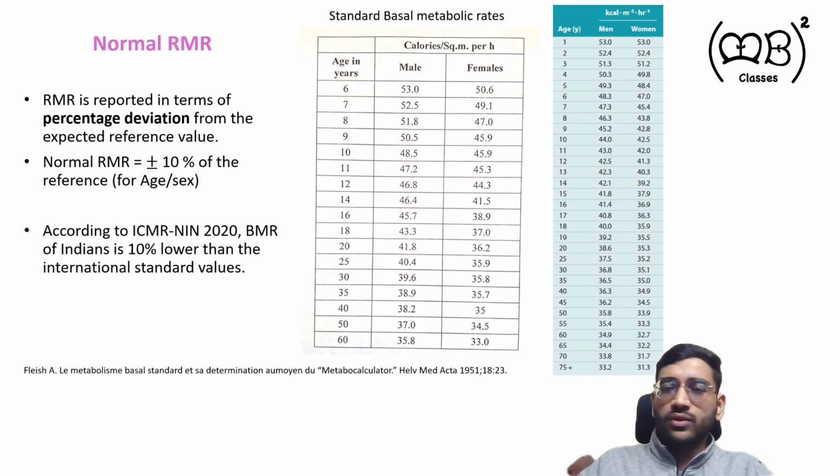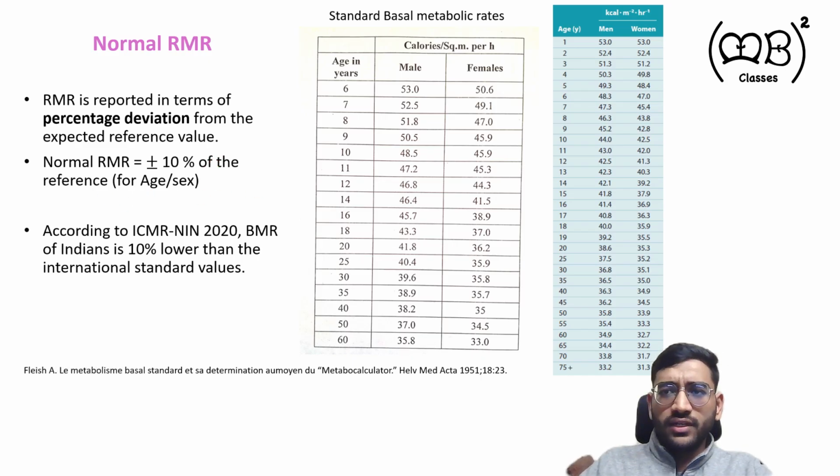So we calculate a percentage deviation from their expected value, and the expected reference value can be calculated from either these kinds of charts or from predictive equations. And a normal RMR range would be plus minus 10% of that reference for their age and sex.